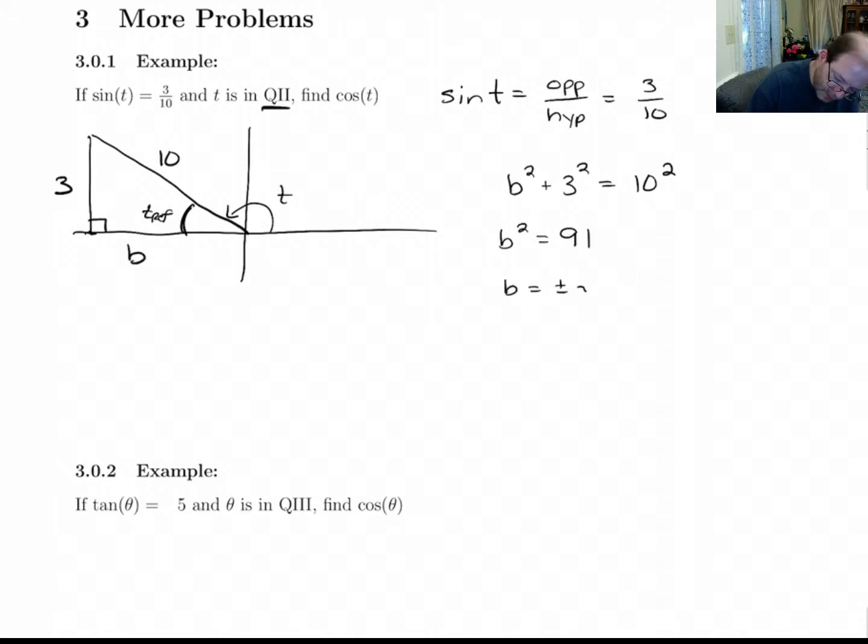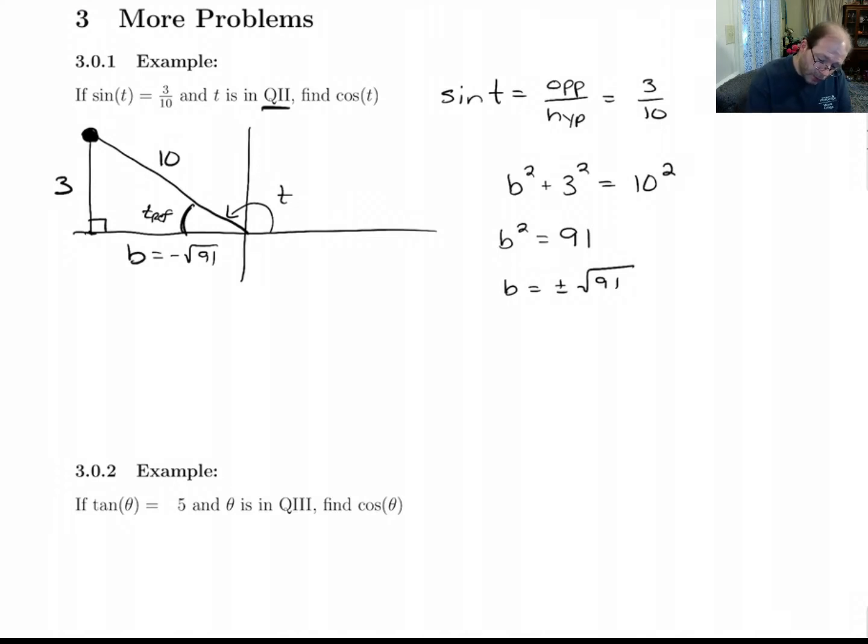So just solving that, we get b is plus or minus square root of 91. 91 factors into 7 times 13, so we can't reduce the square root. We're really looking at the coordinates of this point up here, and its x-coordinate is negative. So our b here, we're going to choose the negative root 91.